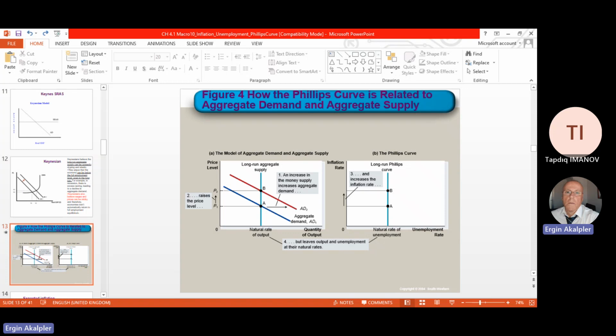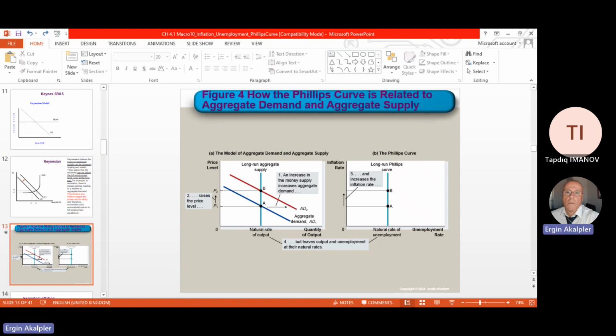In the short run it becomes effective, but in the long run it is not effective. But the aggregate demand curve is shifted to the upper level. When this has happened, this will cause a rise in the general price level. And when the price level is shifted, then it is understandable that inflation is realized.